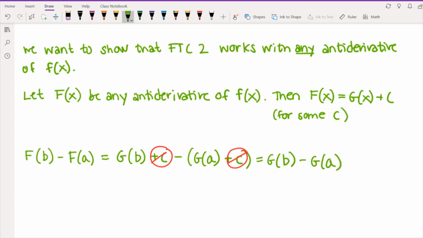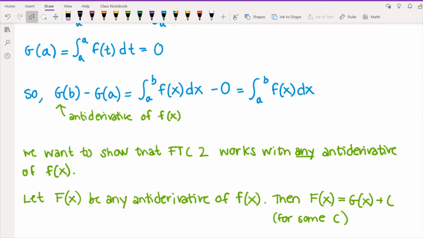So this does not mean that F and G are the same function. What this means is that if you're subtracting F of b minus F of a or G of b minus G of a, it basically doesn't matter what antiderivative you use. And so earlier, we showed that FTC2 was true with one specific choice of antiderivative, but now we know that capital G of b minus capital G of a is the same as capital F of b minus capital F of a.